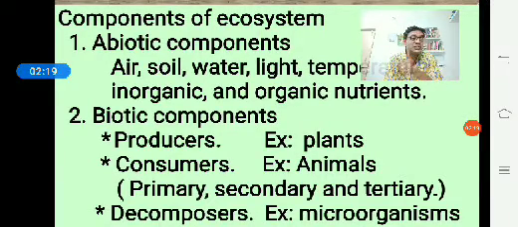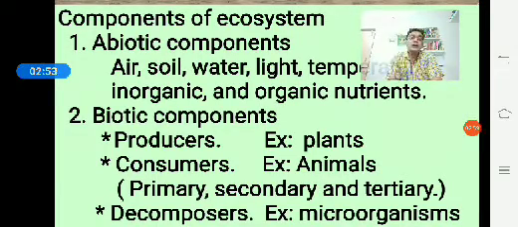Best examples are lion, tiger, owl, vulture, etc. So one thing to concentrate on here: primary consumers are plant-eating animals; secondary consumers are the animals which consume the herbivores or primary consumers; tertiary consumers are the animals which consume the secondary consumers.